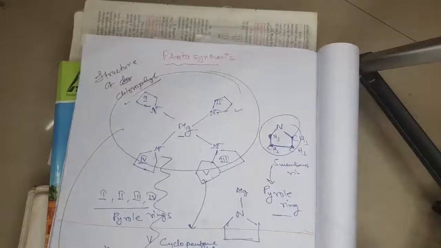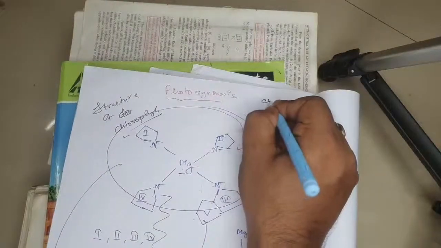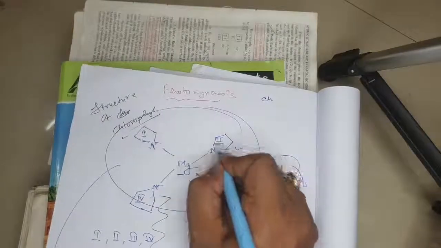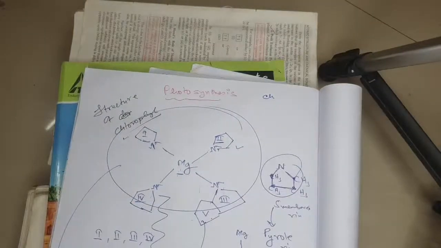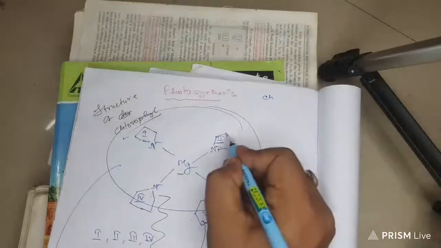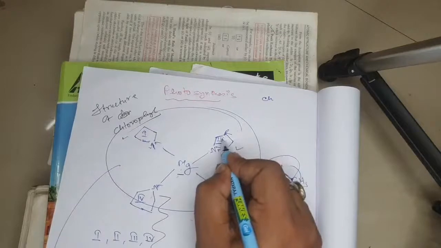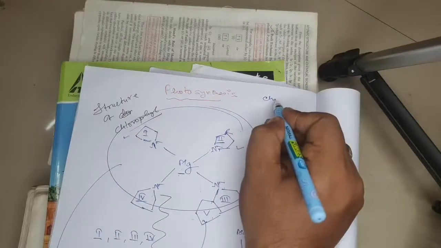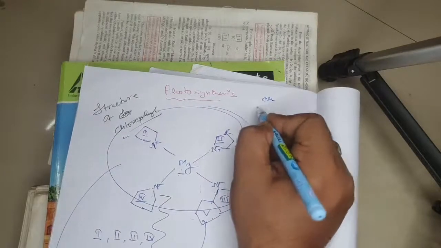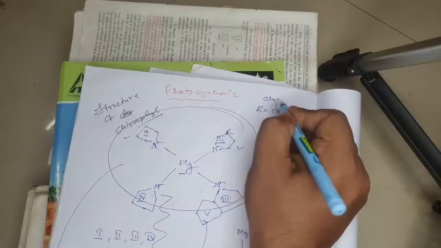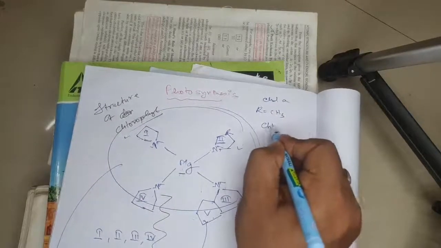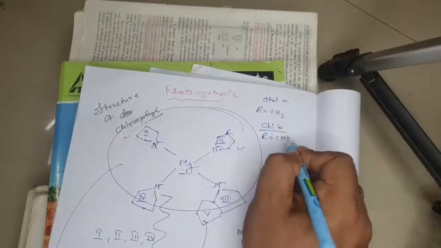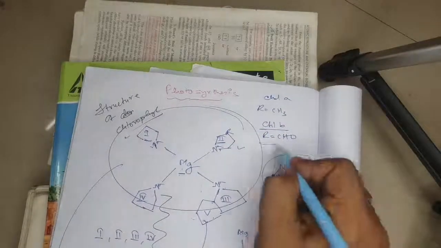Suppose, for example, if you notice the second ring, there is an R group in the second ring here. If the R group is CH3, then it is chlorophyll A, and if you see chlorophyll B, the R group will be CHO.